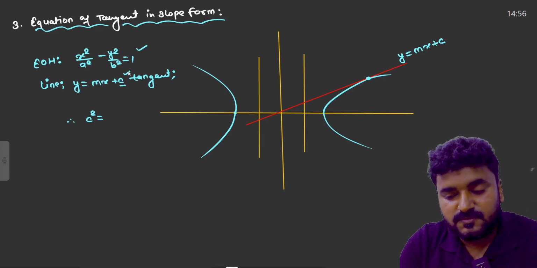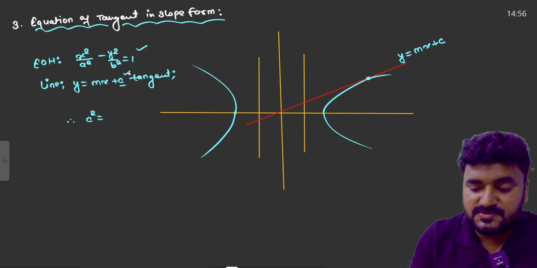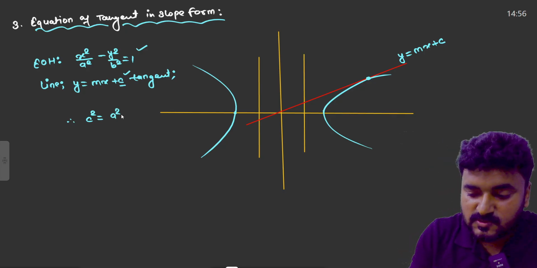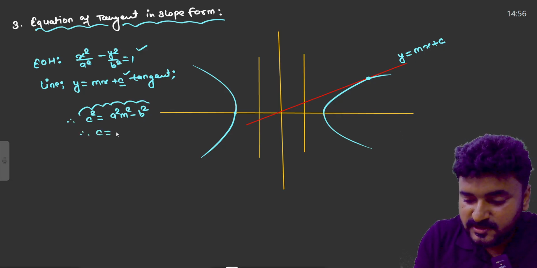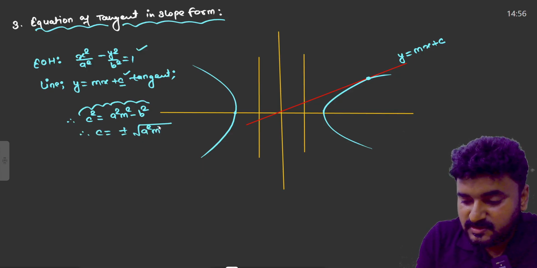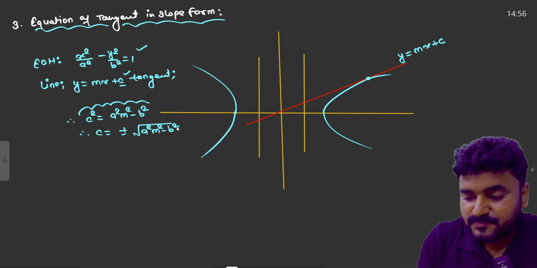By using this, we get c square equals a square m square minus b square. This is the condition for tangency. Therefore c is plus minus root over a square m square minus b square.